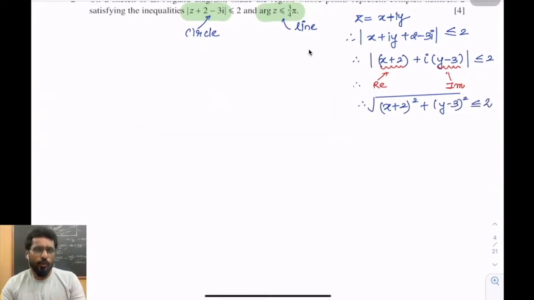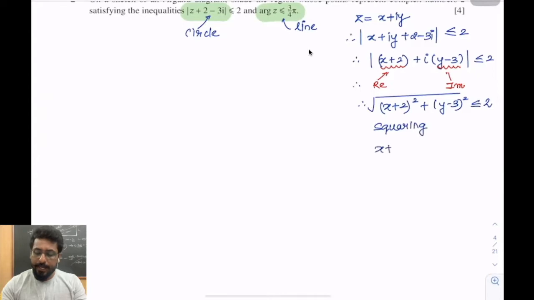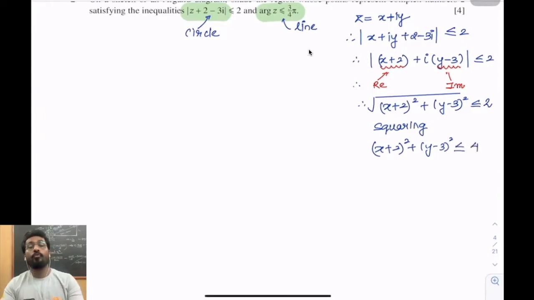So what you now need to do is just squaring. So if I do squaring both the sides, I'll be simply getting x plus 2 the whole square plus y minus 3 the whole square is less than or equal to, so you are going to do squaring on both the sides, okay? Is less than or equal to 4.